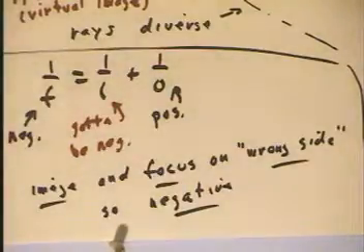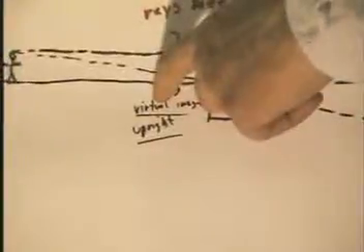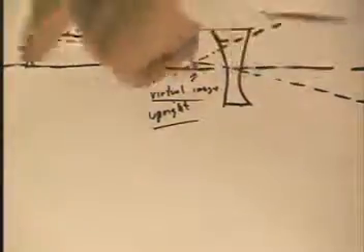Remember, the focal point is over on this side of the lens. We're going to say the focal distance is negative.